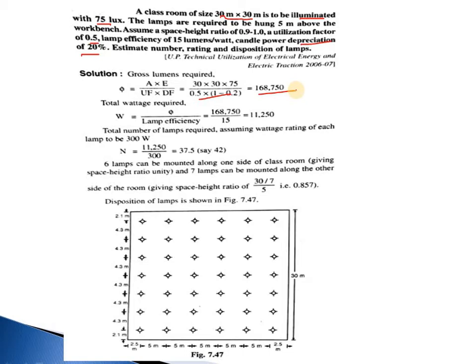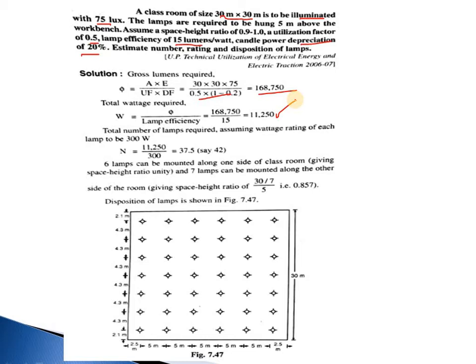Now we will calculate the total wattage. We know that total wattage equals gross lumens divided by the lamp efficiency, and in this case the lamp efficiency is given as 15 lumens per watt. So the total wattage requirement is 11,250 watt.